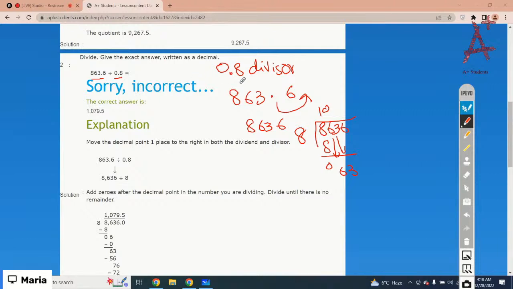So 63 take away 56 is 7. Now bring the next digit down, 76. 8 times 9 is 72, and here you have 4. We don't have another digit to bring down, so put a decimal point over here and a 0 over here. 8 times 5 is 40. Got it? So you have the number 1079.5.